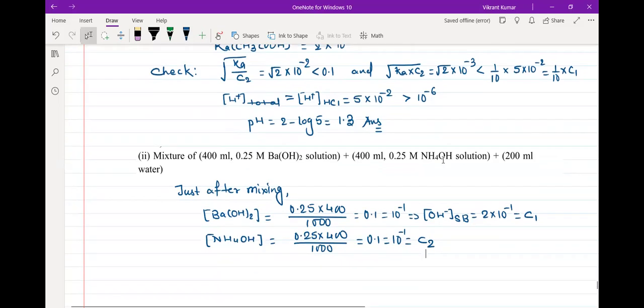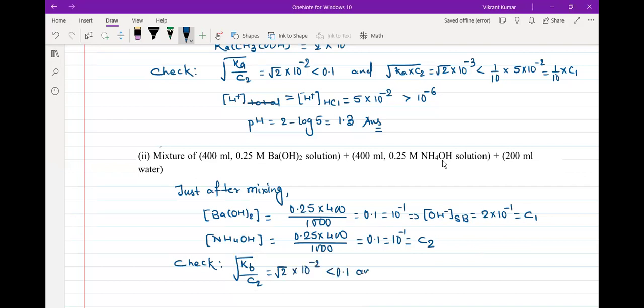And then we have to check it. The check was about under root Kb upon C2, how much will come, and C2 how much will come. It will be root 2 into 10 raised to minus 2, which is less than 0.1, and under root Kb into C2, which is root 2 into 10 raised to minus 3, is going to be less than 1/10 of C1, which is 1/10 of 2 into 10 raised to minus 1.